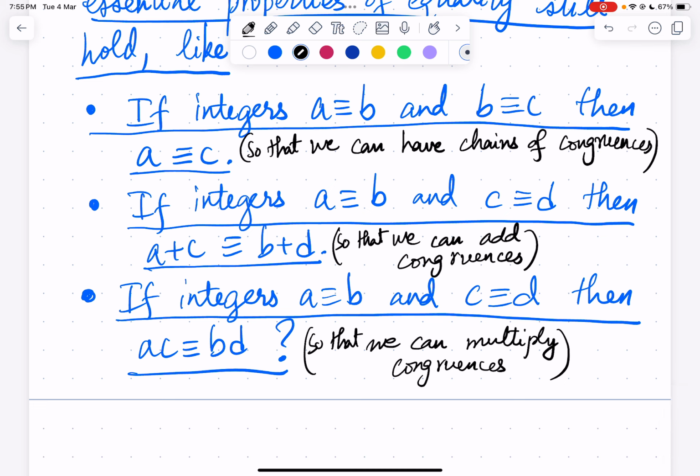Definition: congruence modulo d. Let d be a natural number. Let a, b be integers.